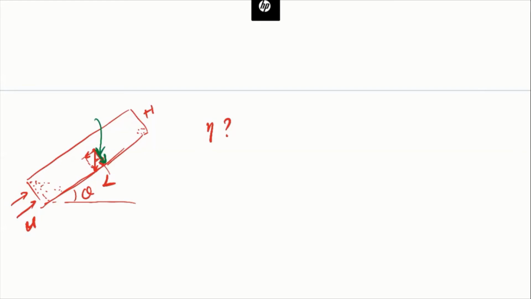So we know that this force is basically mg cosine theta, right? Based on mg cosine theta, we can calculate the settling velocity along this direction, that's perpendicular to the duct.